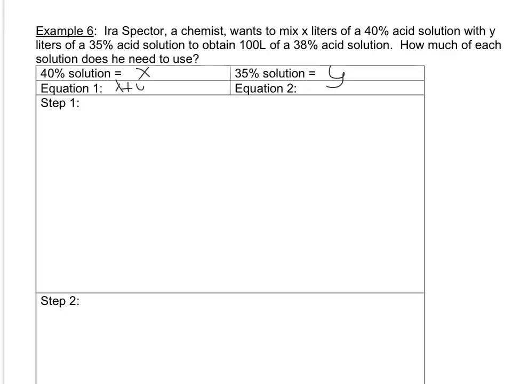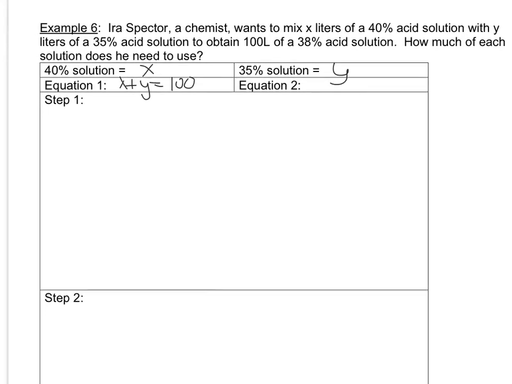Here's the thing. Equation 1: X plus Y equals 100. And then, here's the nice thing. You don't have to worry about the decimal form here. So watch. You can just say the 40% times X plus the 35% times Y equals, now this is the tricky part, you ended with 38% and you have the 100 liters.